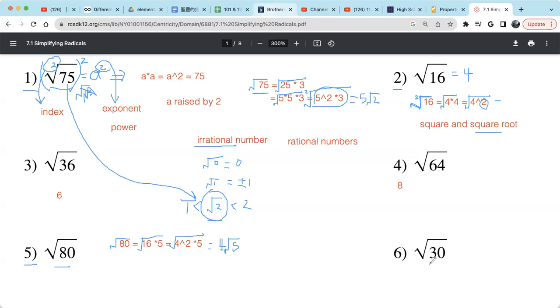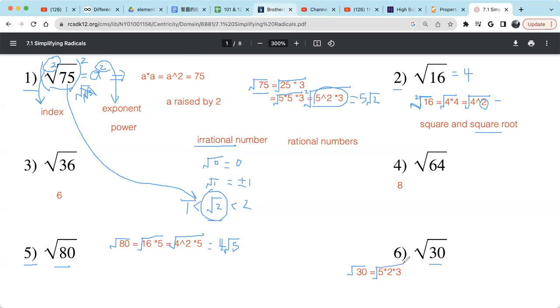Well, let's see square root of 30. 30 can be written as 5 times 6. And 5 is a prime. And 6 can be written as 2 times 3. So if we square root 30, it's the same as the square root of 5 times 2 times 3.